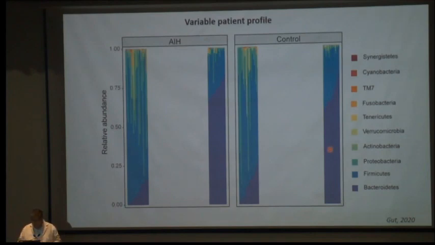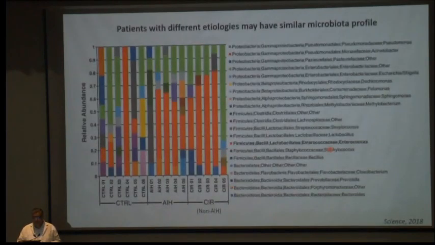Elaborate analysis is definitely much required in any kind of microbial analysis. Added to this, the Yale group compared different diseases, cirrhosis with autoimmune hepatitis, and what we find is that this bacterial profile appears very similar in comparison to controls. And this red group, which is nothing but Enterococcus, seems to be increased.